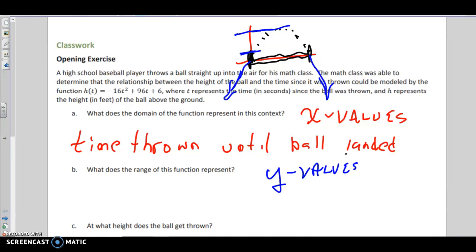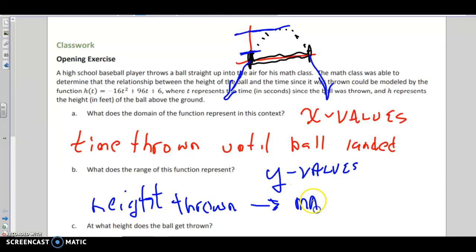And in this context, it's the height thrown to the maximum height. So it's going to go up into the air until it reaches its maximum height, and then it'll start to come back down to the ground.